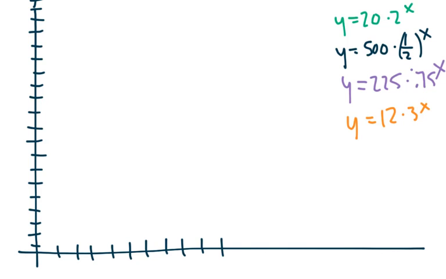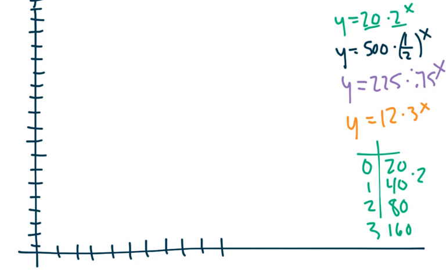Okay, so now let's graph these. So the first one, 20 times 2 to the x. So 0 would start at 20, then we're timesing by 2, so it would be 40, then 80, then 160, and so on, right? So to graph those points, let's go by tens.